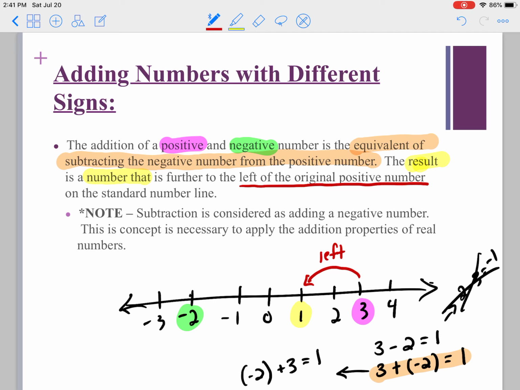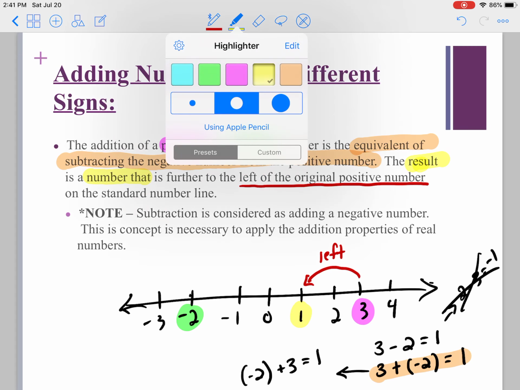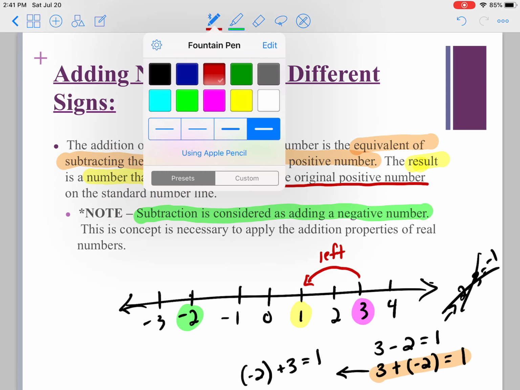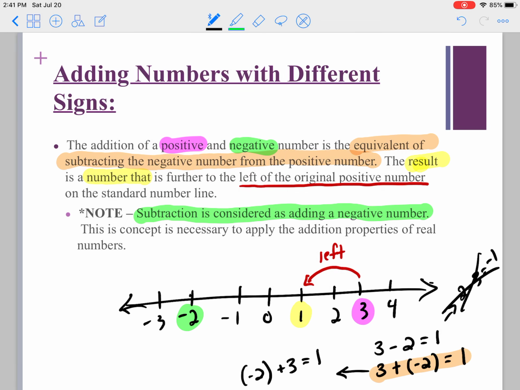And then once again, I want to highlight the importance of this statement. Subtraction is considered as adding a negative number, and it is necessary to apply the addition properties of real numbers.